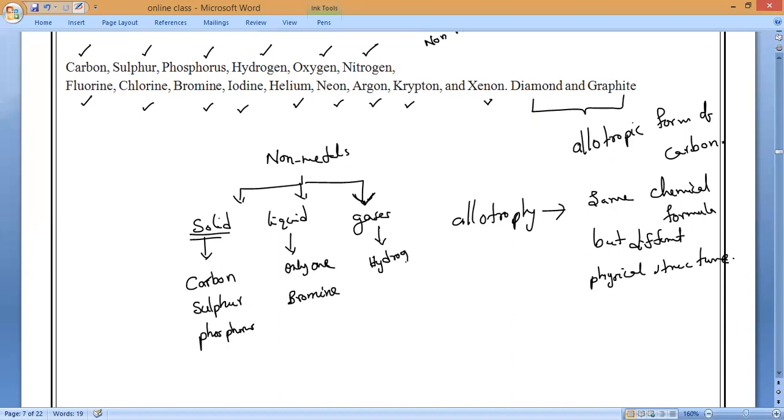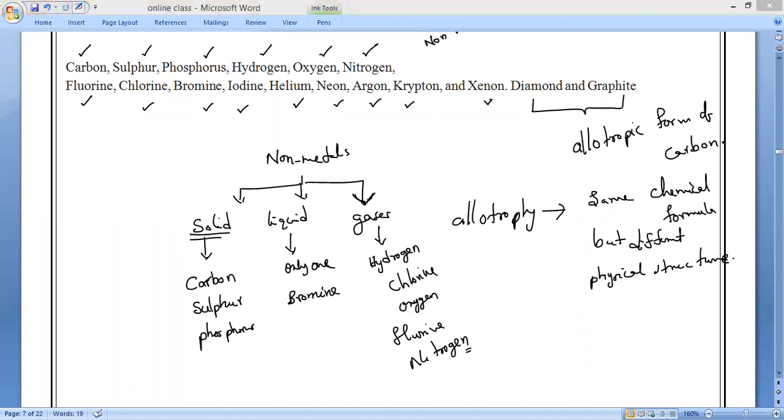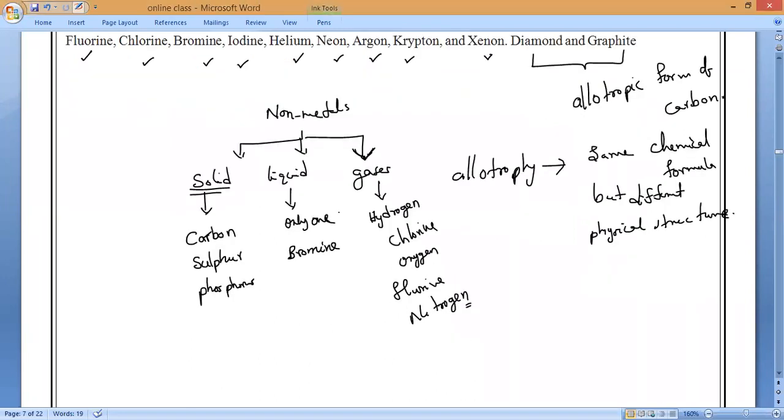Oxygen, nitrogen, hydrogen, chlorine, fluorine. All of these we call gases. So please learn. We can write a statement: all the non-metals are solids or gases except one. What is that? Bromine, which is a liquid non-metal. At what temperature? At room temperature. That is what you have to remember.